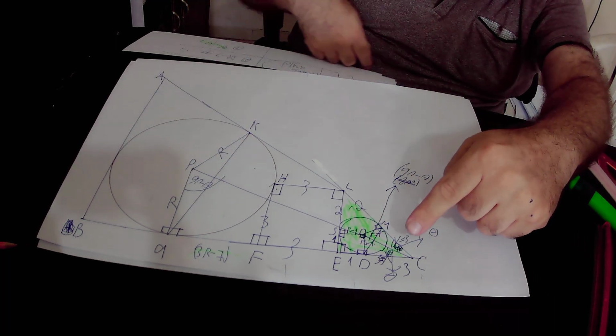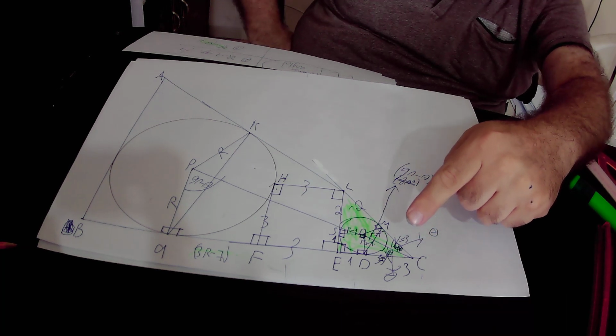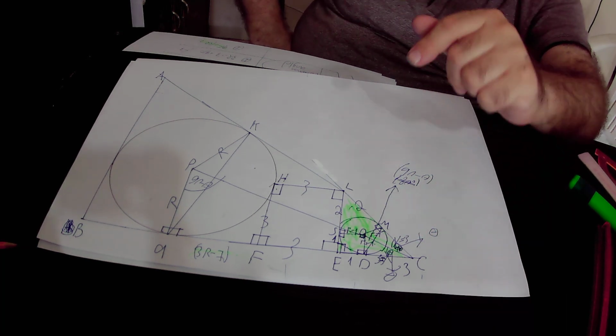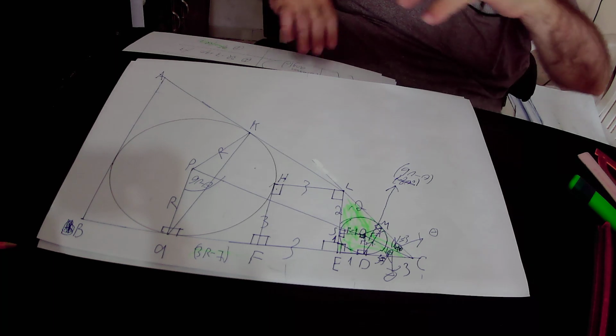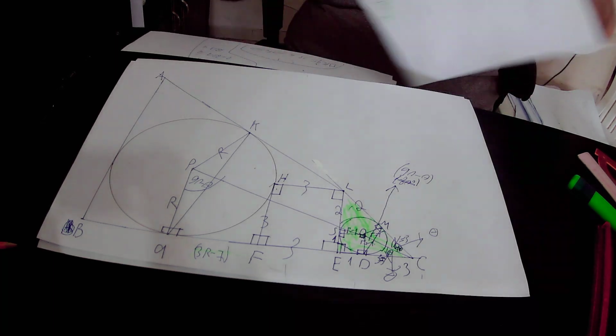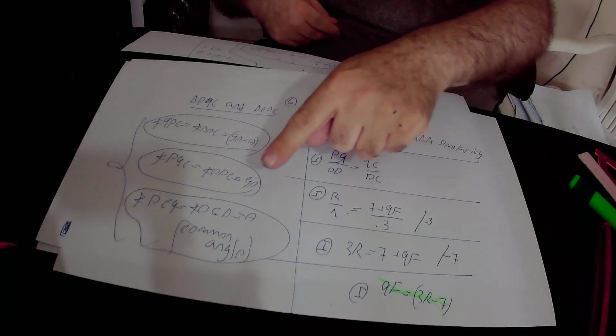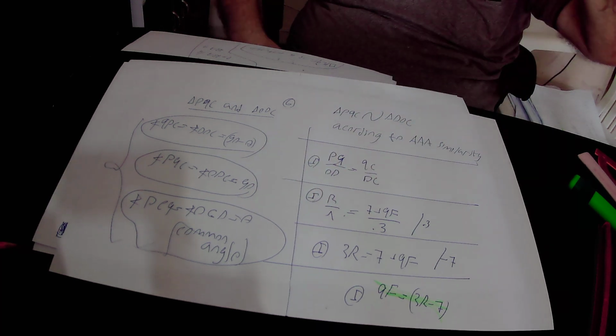And finally, we have angle theta, which is a common angle, it belongs to both triangles, so angle theta equals itself. So we found out that those two right triangles are similar to each other according to the angle similarity rule.